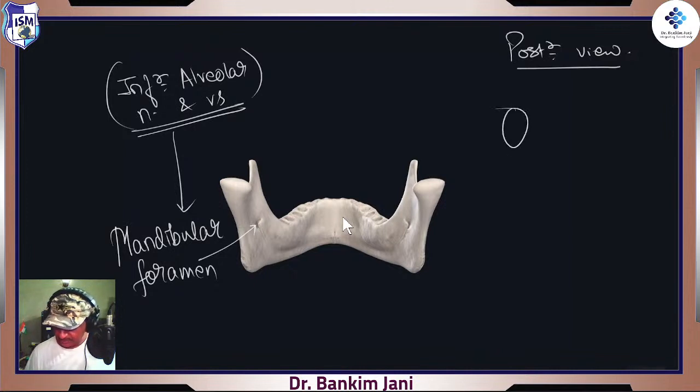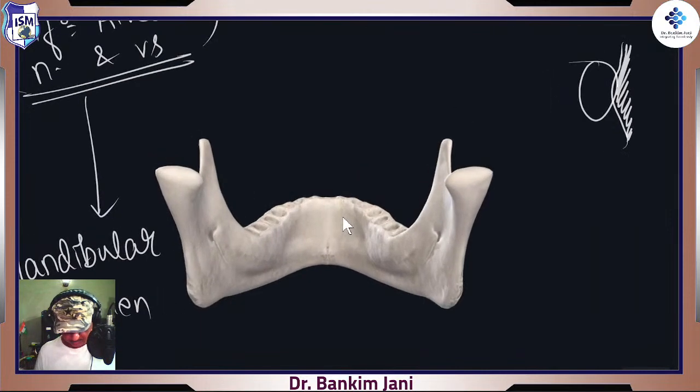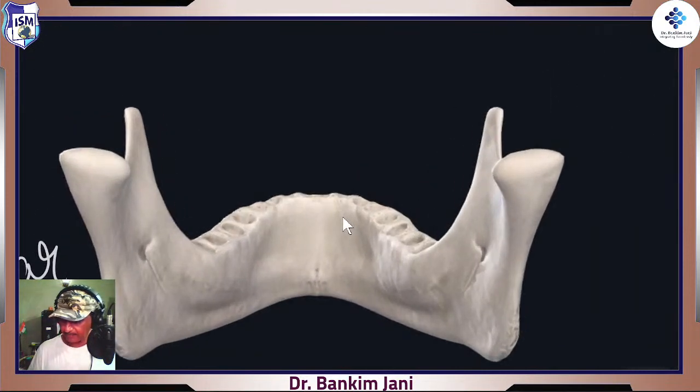But if this is the foramen, then there is some projection like this, right? Something like this. Say, if I zoom this portion, here it is. See this one, such a small piece we are talking about.